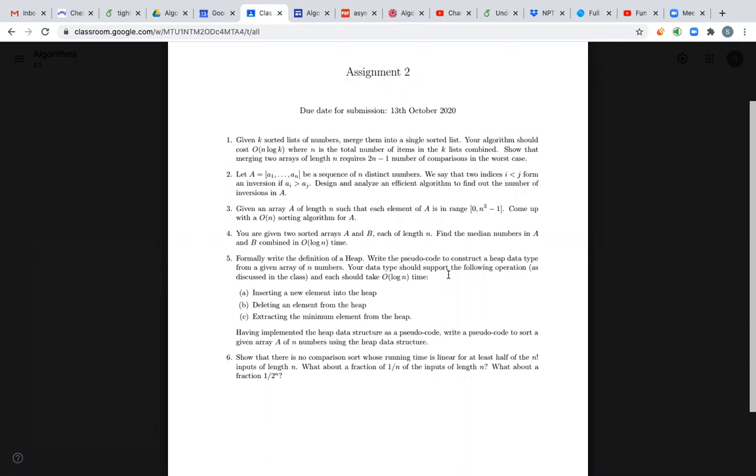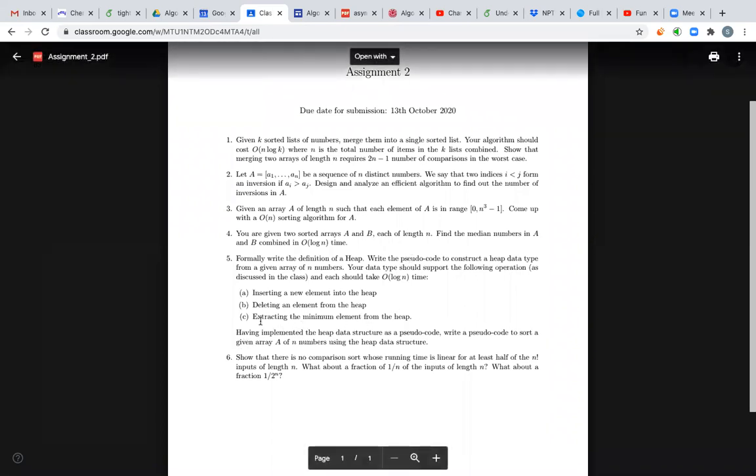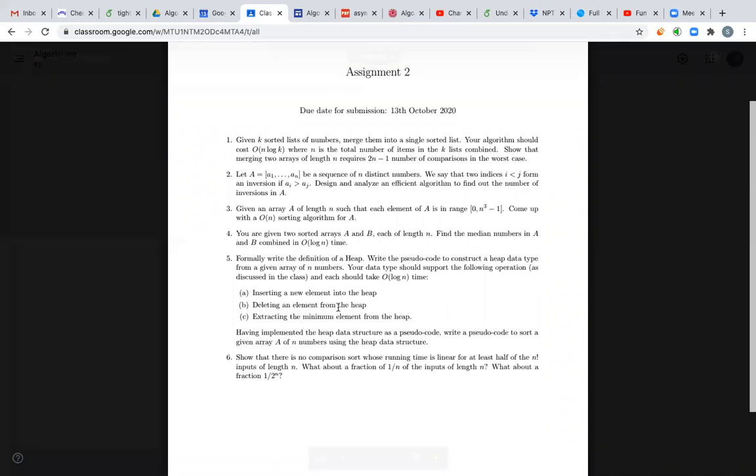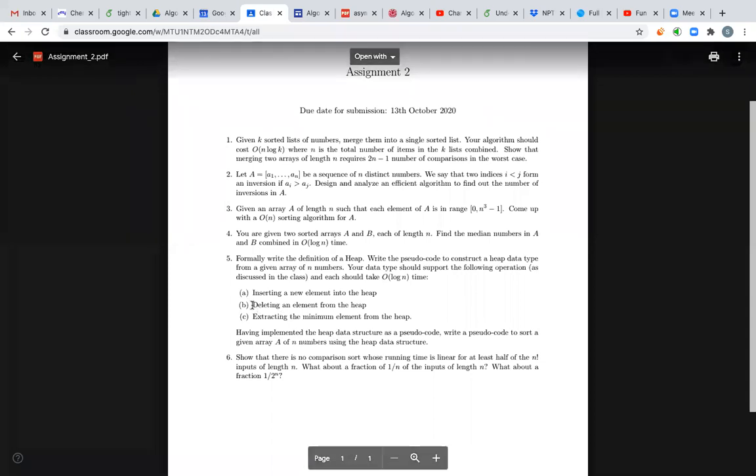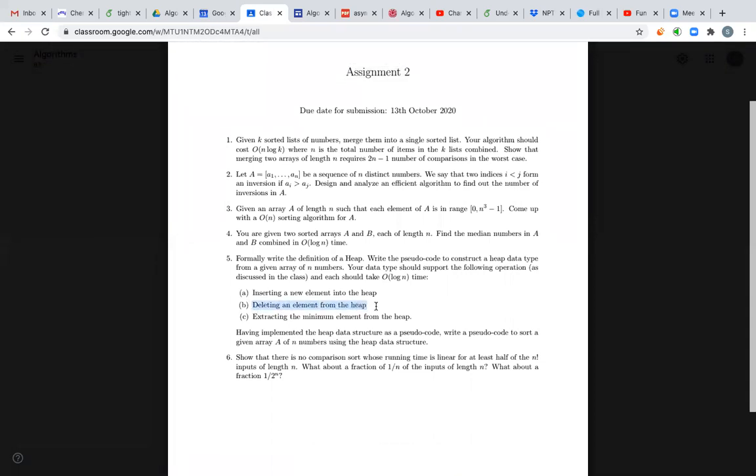Sir, in question 5C, what do we have to do? I am not understanding. It is exactly the same as deleting. In the deleting of an element, basically you have been given a heap and you are told which element you have to remove.